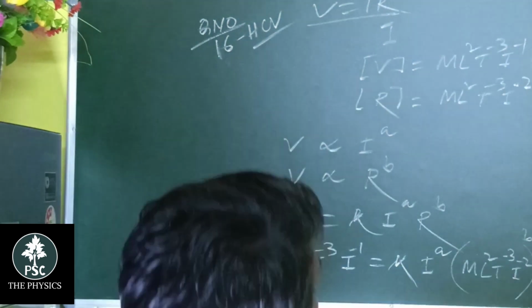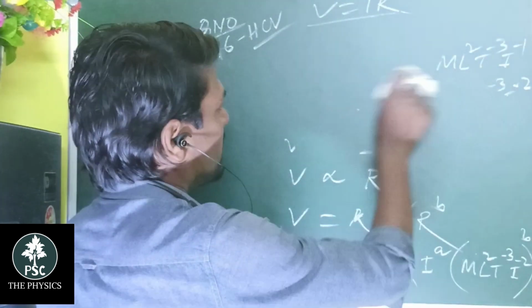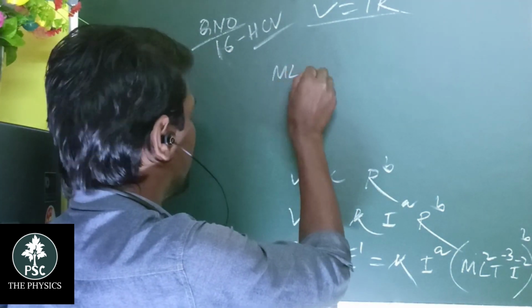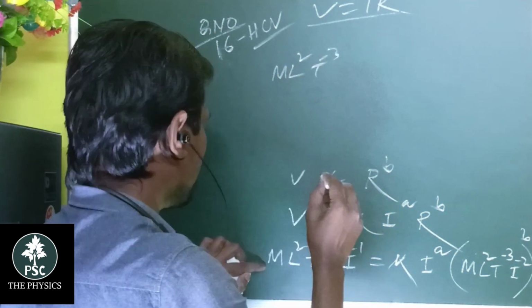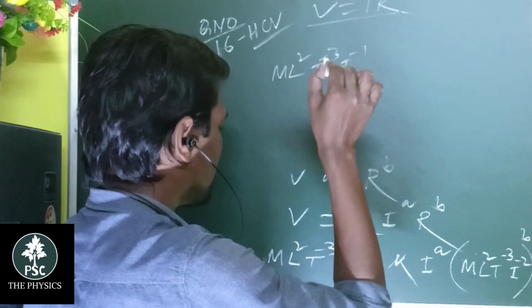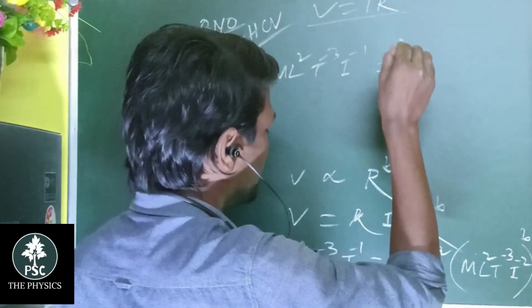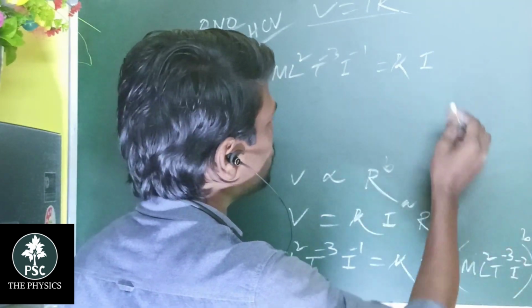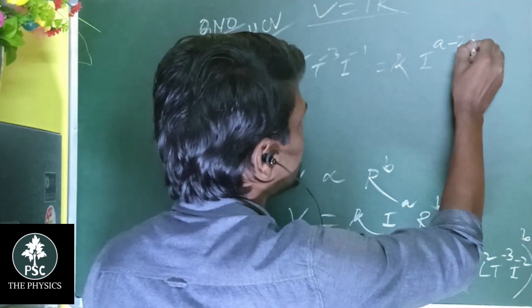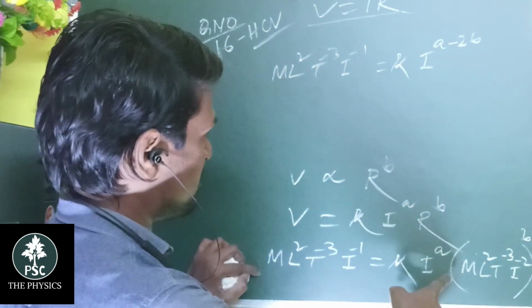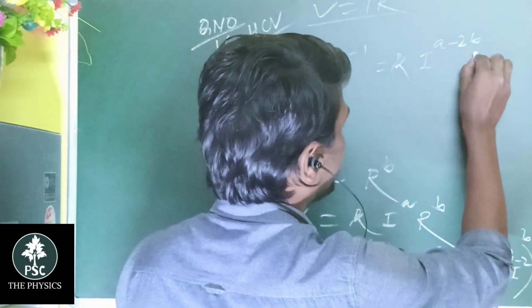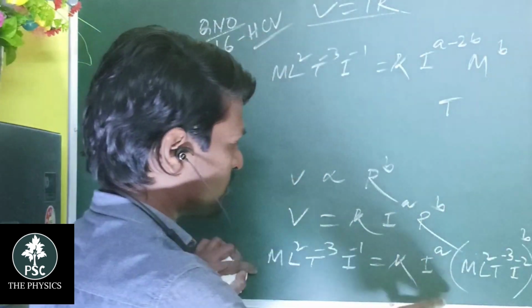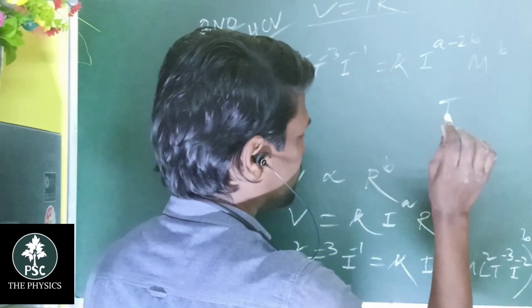So ML^2 T^-3 I^-1 equals kappa, I to the power A minus 2B, and M to the power B, and T to the power minus 3B.